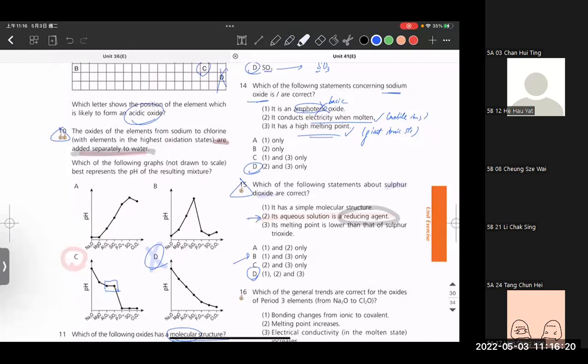Oh, I see. Somebody is talking about sulfur dioxide dissolved in water, would it form sulfuric acid instead? Indeed, it's wrong. SO2 reacts with H2O directly to form sulfurous acid, first of all.